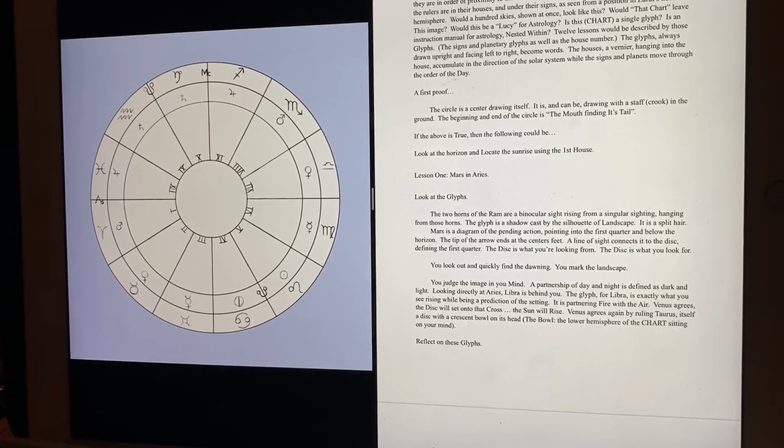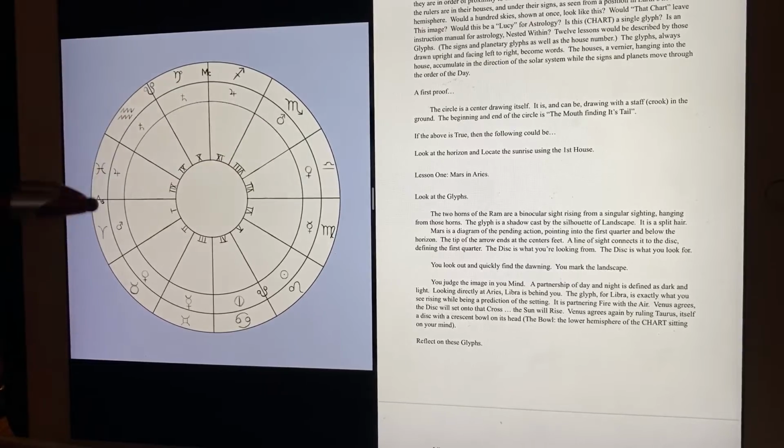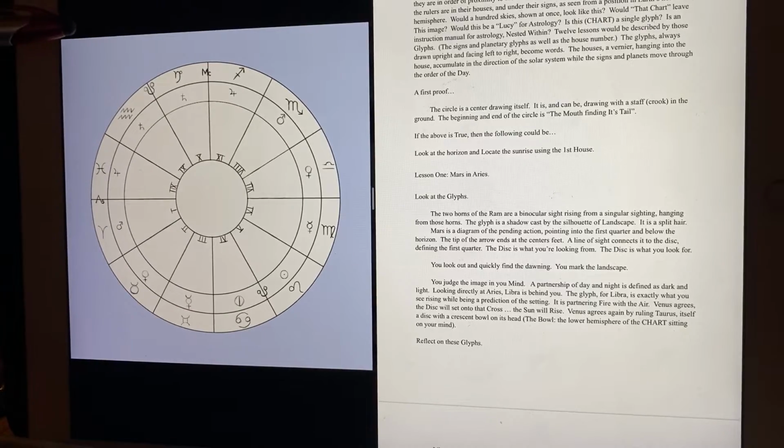As you'll notice, what I'm talking about here are these rulers being a butterfly set of wings coming through the central axis. And this is not an invention of mine. This is actually the way this natural chart looks in all astrological texts. Granted, the modern ones include Neptune and Uranus and Pluto, but I will not be talking about them.